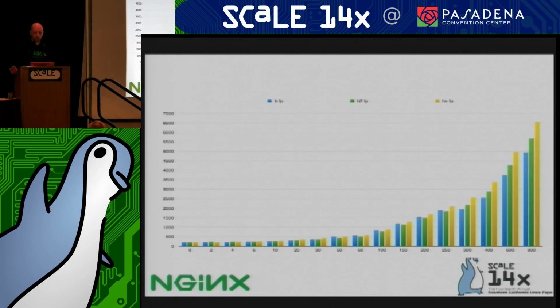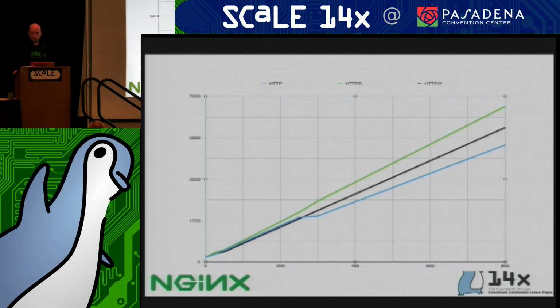At 300 millisecond delay, you're expecting the page to appear between 2 and 2.5 seconds. So the difference is not that significant between HTTP 1 unencrypted, HTTP 2, and HTTP 1 encrypted. The blue ones are HTTP 1, the green ones are HTTP 2, and the yellow ones are HTTPS, so with HTTP 1.